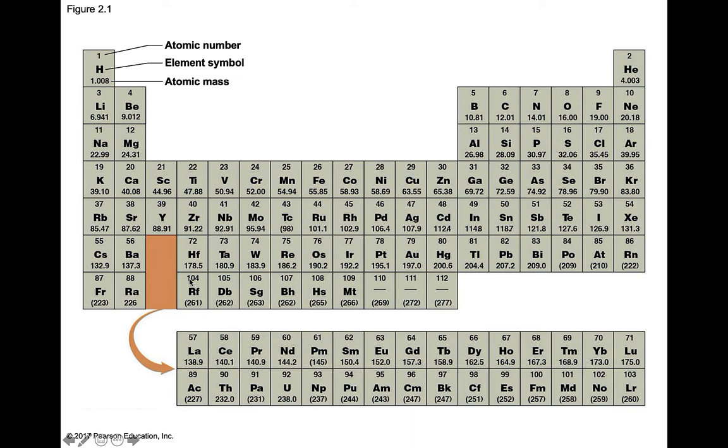Electrons are basically weightless, and we don't consider them. The other thing that's going to be important in an electrically neutral atom, remember, protons are positively charged, neutrons are neutral, electrons are negatively charged. So in a neutral atom, you will have the same number of protons and electrons. So that's really important to keep in mind.